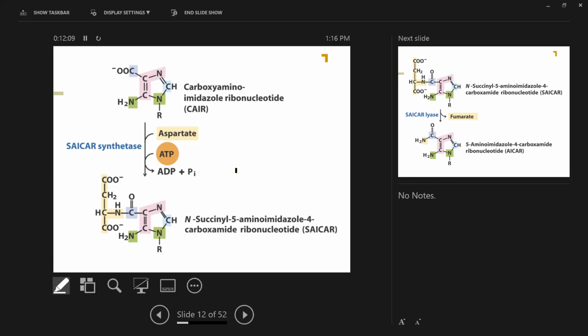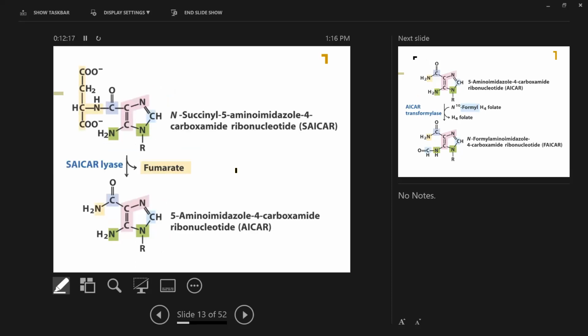Yeah, and you're going to take the nitrogen, and this will be released as fumarate. That's exactly what happens. And this both happens in humans and bacteria, it's just that one step before, and then separate.